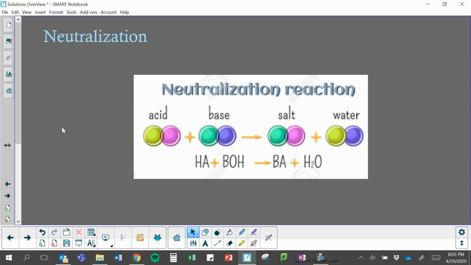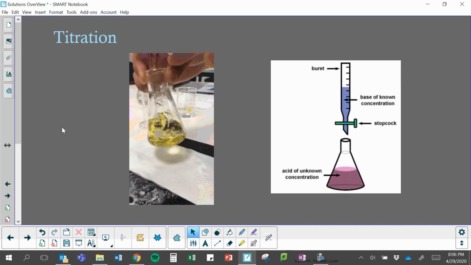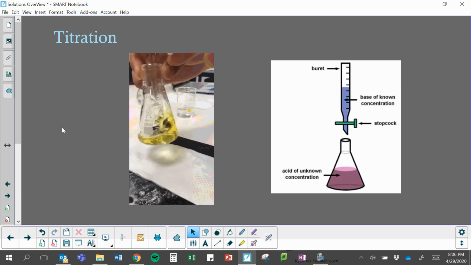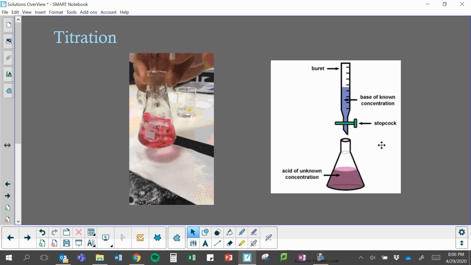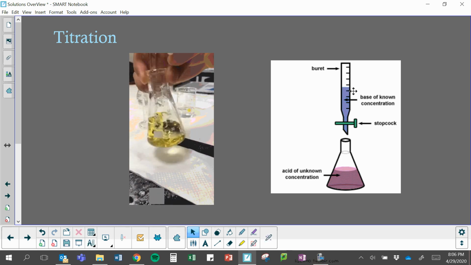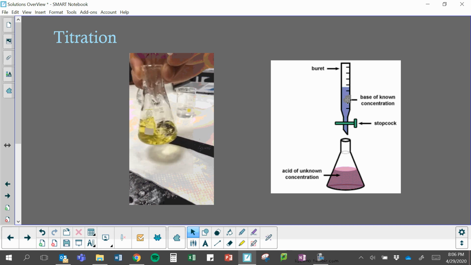We can also use this idea of neutralization reactions to actually calculate and figure out the concentration of an acid if we don't know it. And this is called a titration. So if we have a concentration of acid down here that's unknown, we can then make a solution of base that we do know.